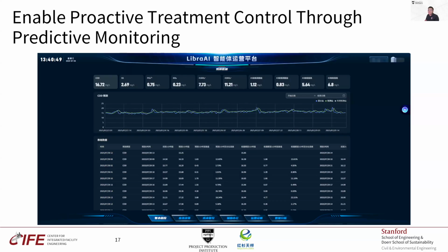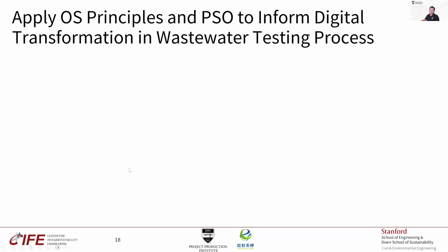The plant management team then used this forecasted result to proactively adjust the treatment steps, such as reactor temperature, because it was really cold in the north area, and the chemical dosing to save energy consumption and operational costs. It also supports daily report generation, further reducing administrative overhead for the analysts. And we believe this moves the whole plant closer to a digitally managed operations system.